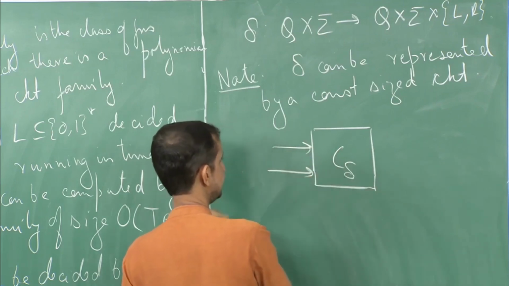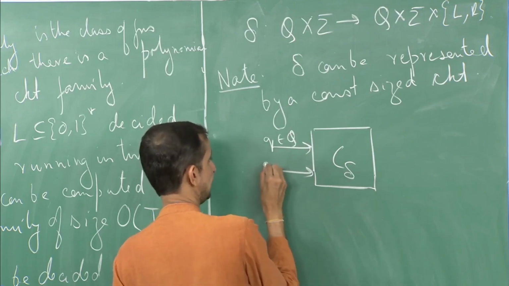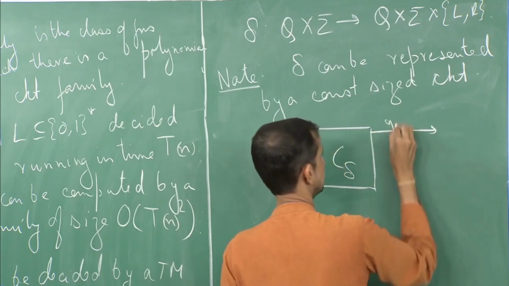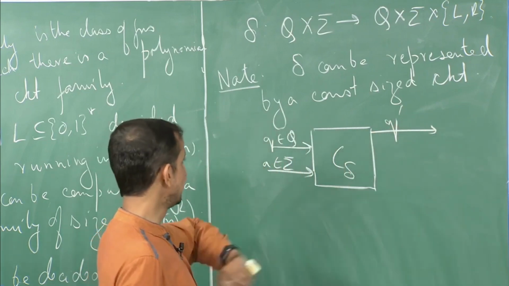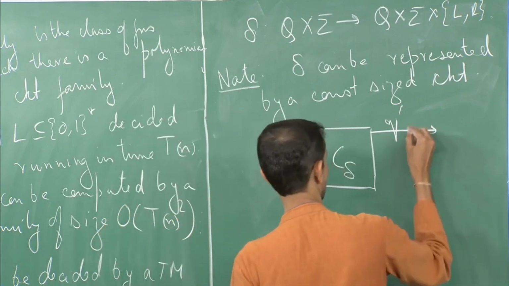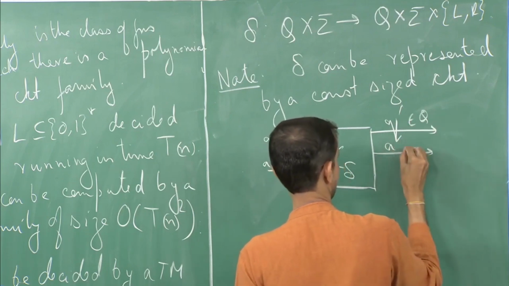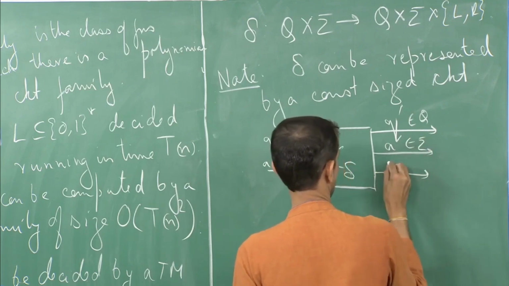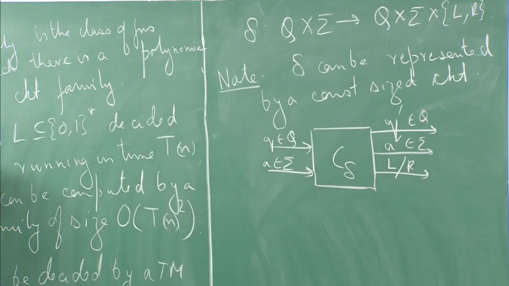So, C delta takes as input some q in Q and some A in sigma, and then it outputs the q prime corresponding to whatever delta is. So, it outputs a q prime in Q, it outputs an A prime in sigma, and it outputs a bit which says whether you have to go left or right.